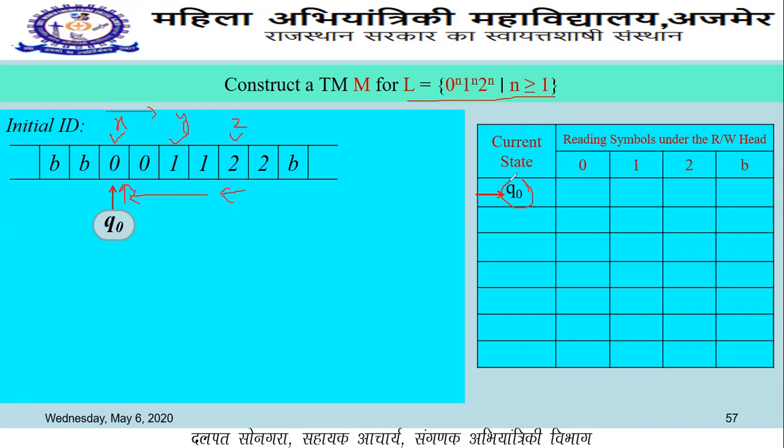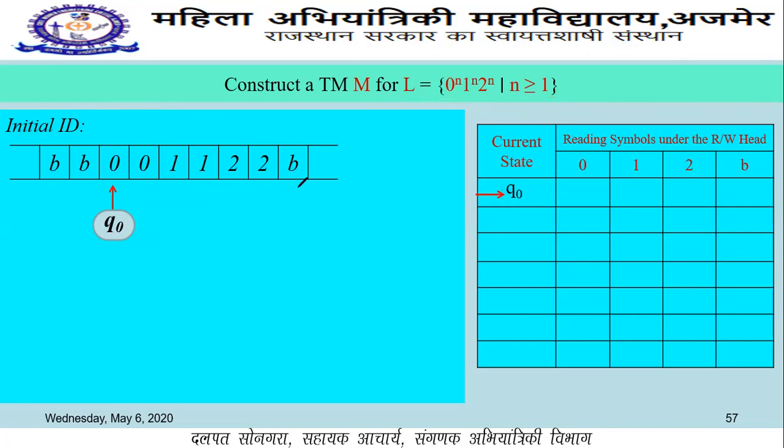In that case we count the number of zeros, ones, and twos. We will learn this in the example, so we discuss all these things one by one.